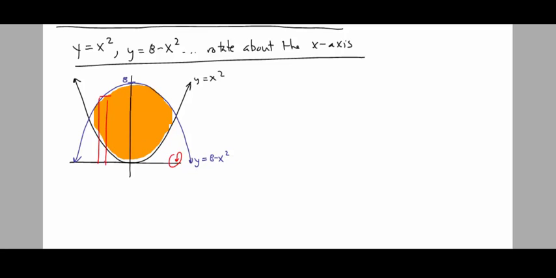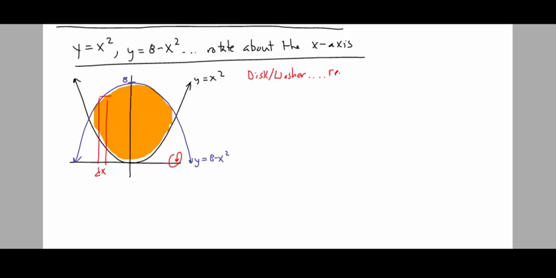So I'm going to start out with vertical rectangles. Now if I use vertical rectangles, the incremental width is dx, and you can see that I'm perpendicular to the axis of rotation. So this looks like a disk washer problem. Because the entire graph is not touching the axis of rotation, it would be more of a washer issue.